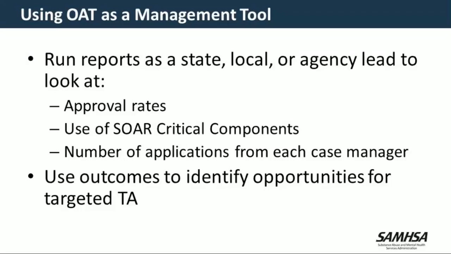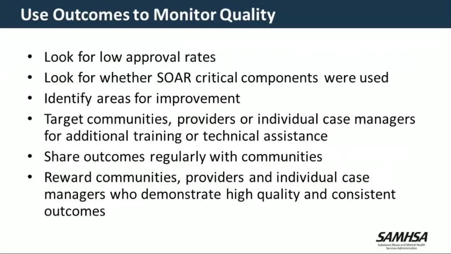Looking at outcomes and looking at the completion of critical components really helps to identify opportunities for targeted TA. And so we use outcomes to monitor quality. When we look closely at the data, we can look for low approval rates. We can see were all the SOAR critical components used.